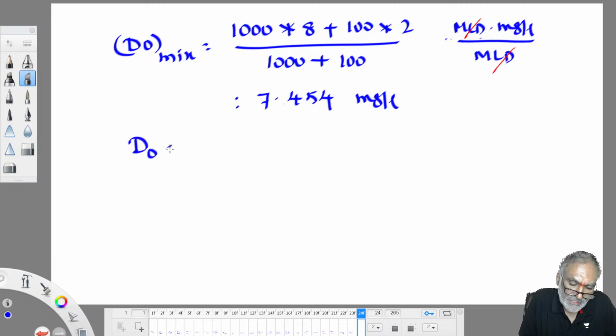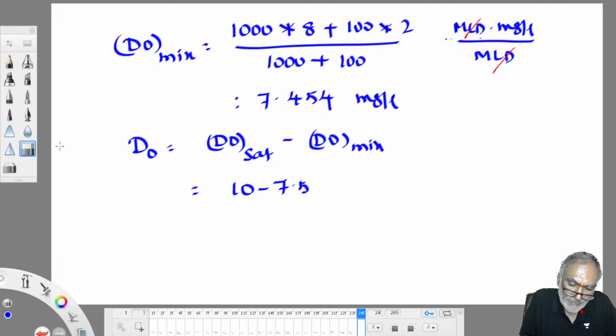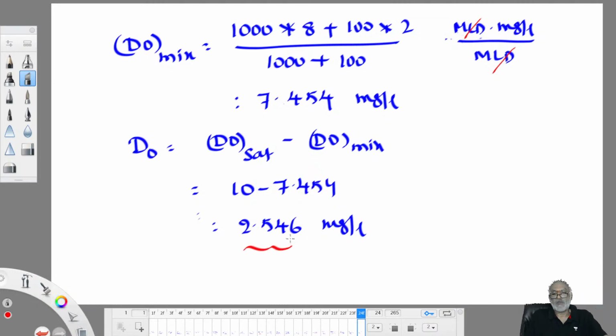Then initial oxygen deficit D naught is equal to DO sat minus DO mix. DO sat is given 10. After mixing it is 7.454. So how much is there? 2.546 milligram per liter. That was the answer for this question. Initial deficit is 2.546 milligram. Remaining things are not required for us.